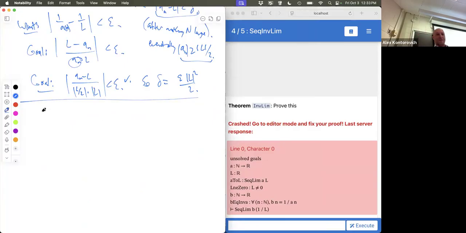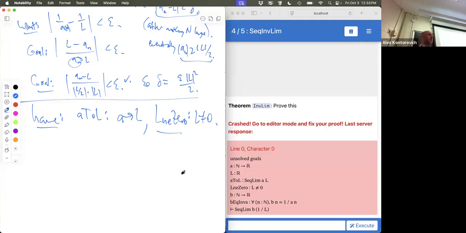Okay, so we have things like A to L, which is that A converges to L. We have something called L NE 0. I keep going back and forth between whether it's convenient to name things descriptively or just HL will do for now, especially because once we start specializing, they don't say what they used to say before, and now you're just carrying things around, whatever.